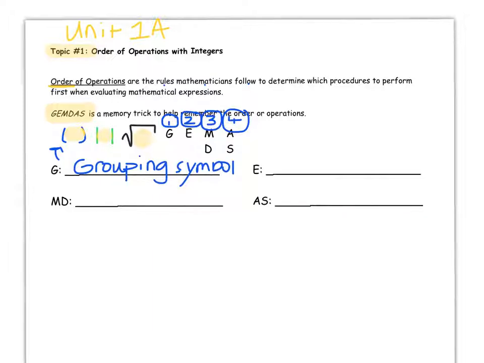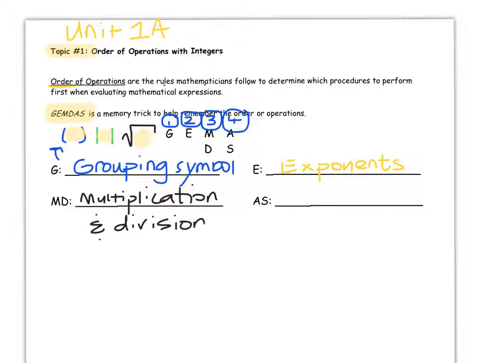Then we move on to E, which stands for exponents. If we have any exponents, we'll evaluate those next. Next I'm going to do M and D. M and D are really common. M stands for multiplication, and the D, you probably can guess, stands for division. So M and D just means we do multiplication and division, and it doesn't matter which one, whichever comes first.